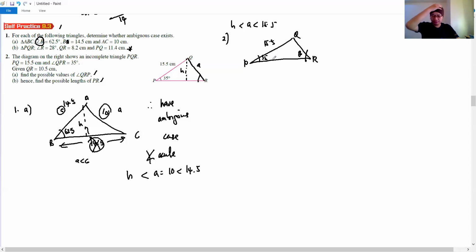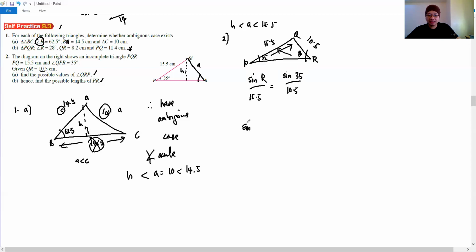Before we solve the problem, the next information given here is QR 10.5. So you see, this is a pairing, right? Because the 35 degree angle and the 10.5 side are a pair, with 15.5. So we can find the angle of R. Sine R over the length 15.5 equals the pairing, sine 35 over 10.5.